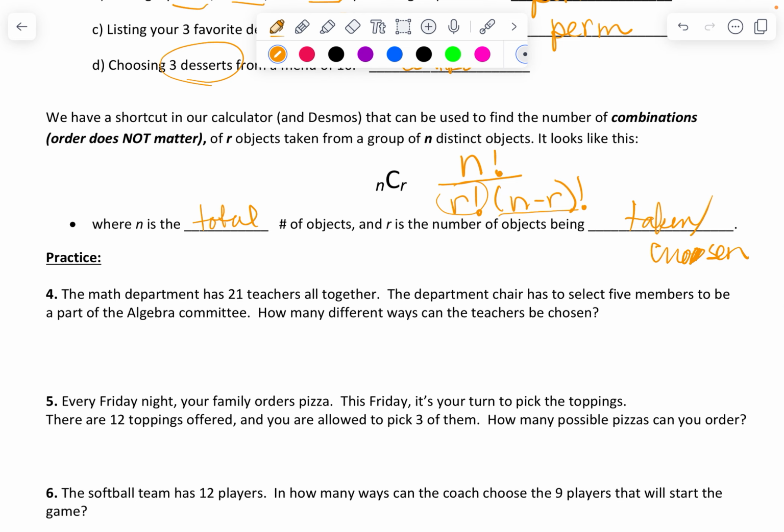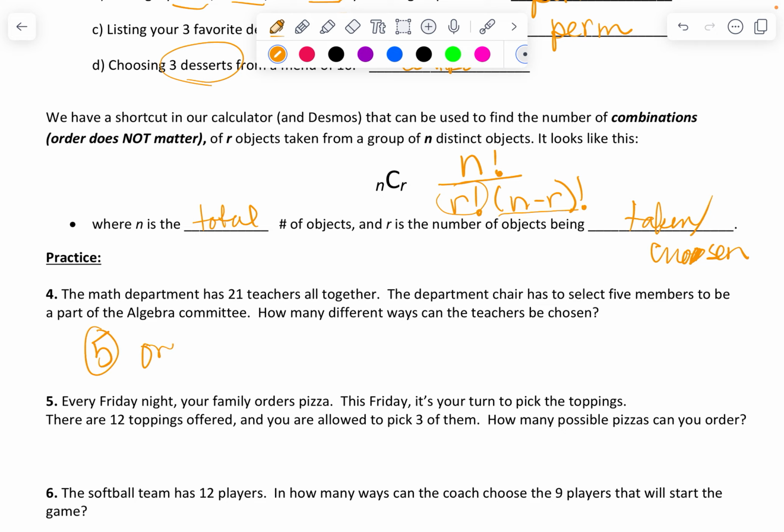First off, you have to choose, does order matter or does the order not matter, so that you know which formula to use. The math department has 21 teachers altogether. The department chair has to select 5 members to be on part of the algebra team. How many different ways can the teachers be chosen? He didn't say he cares which 5 teachers are chosen, just that there are 5.